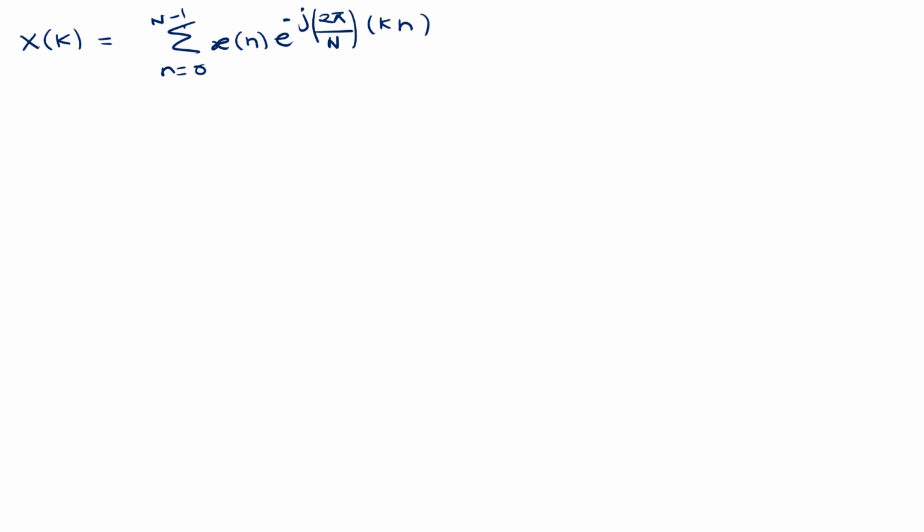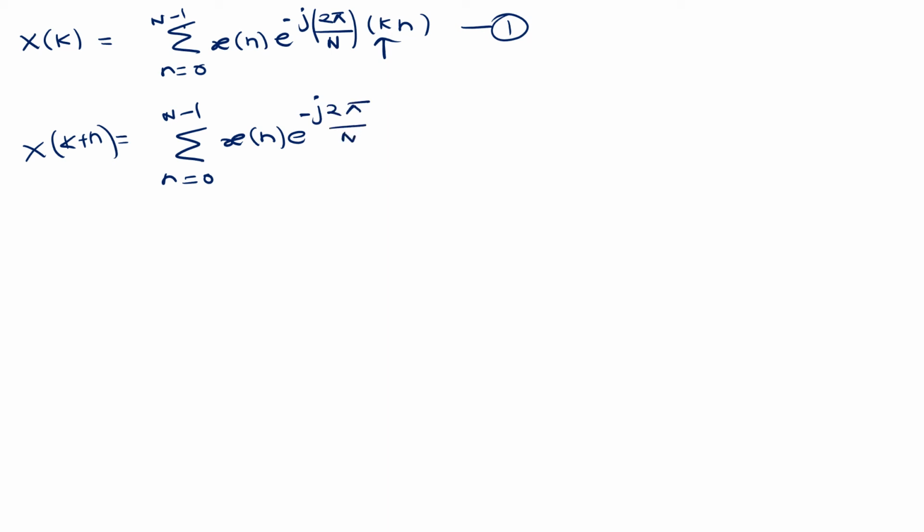Okay, so again, for X of k plus N, wherever we have k we substitute k plus N. So we will get summation n equal to 0 to N minus 1 x of n e power minus j 2 pi by N into k plus N into n.